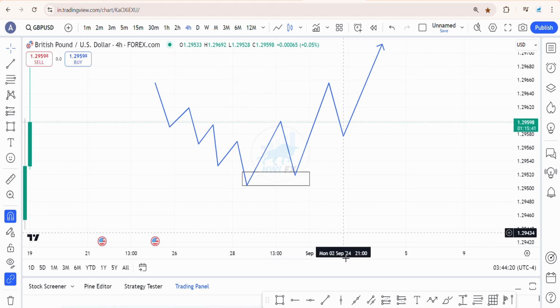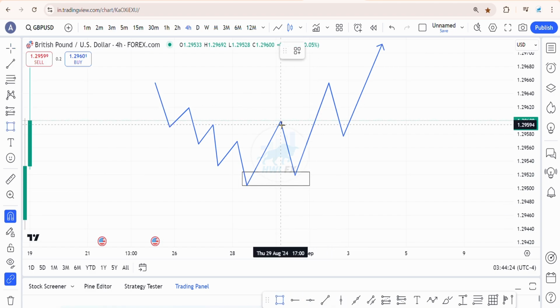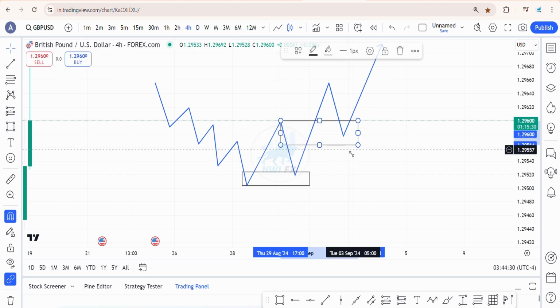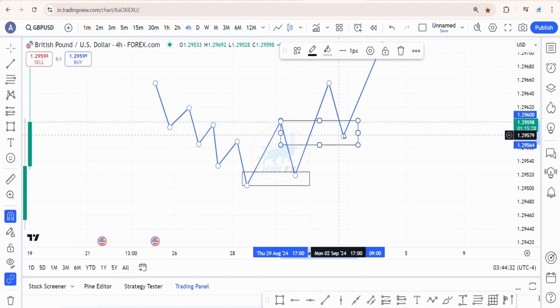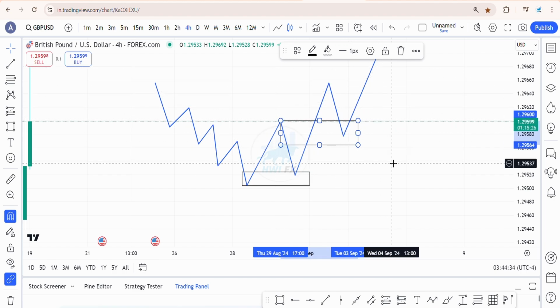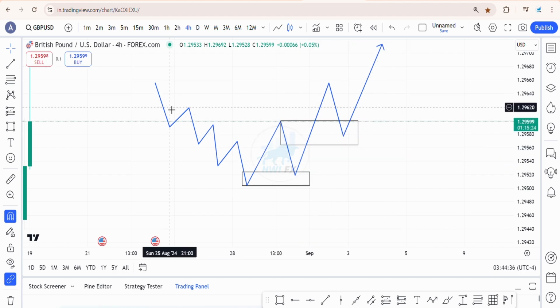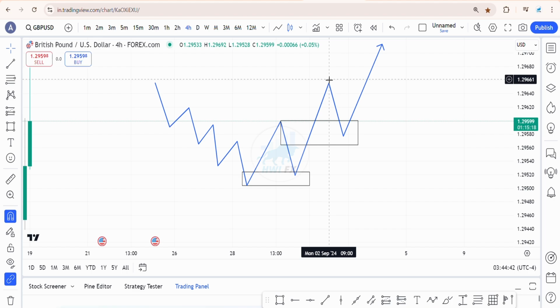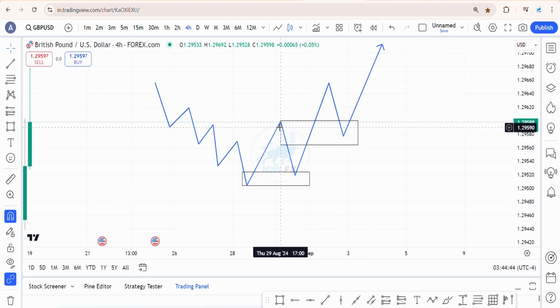The market starts from here and then goes up, and then there is a bearish candle or candles, and that becomes a propulsion block. This is for bullish. I hope you guys understand. The market reacts from the order block, then goes up and creates a series of candle or candles here.